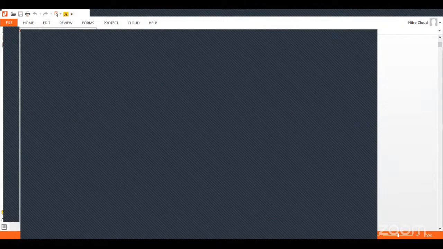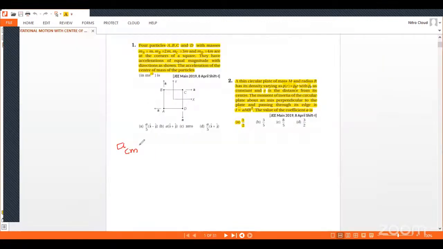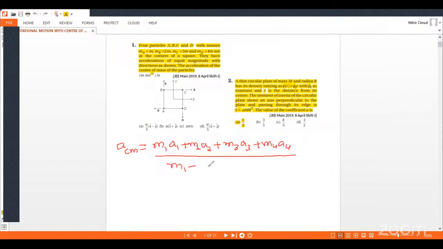The acceleration of center of mass is M1A1 plus M2A2 plus M3A3 plus M4A4 by total mass, right?